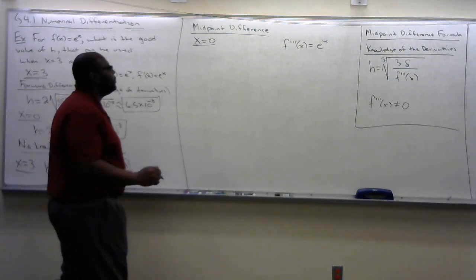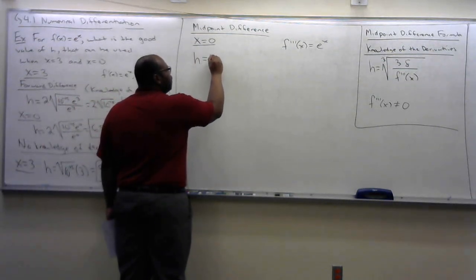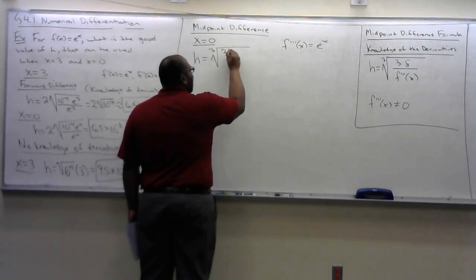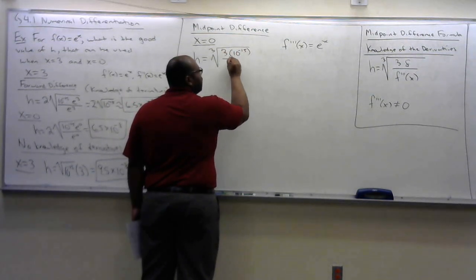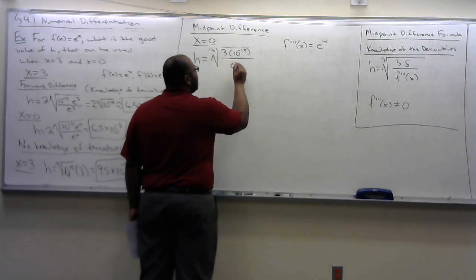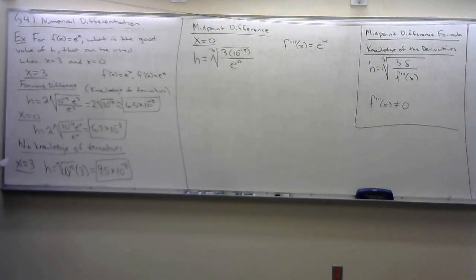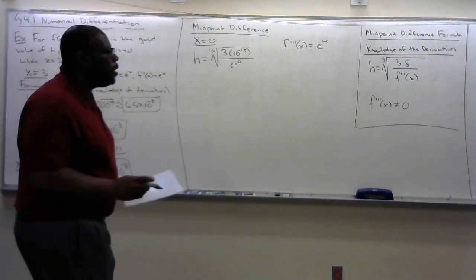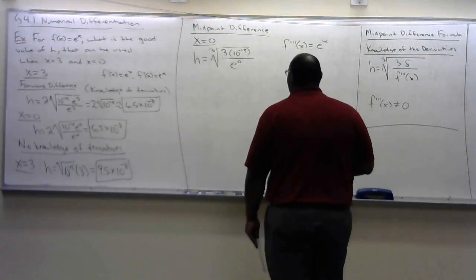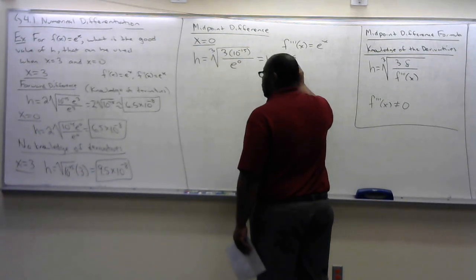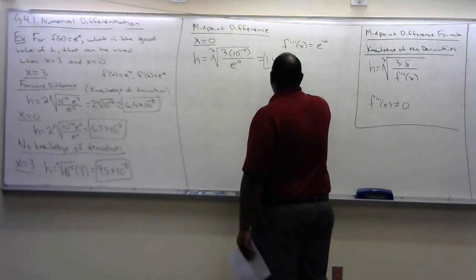So we get h is equal to the cube root of 3 times 10 to the negative 15 divided by e to the 0. And when you do this one, you get about 1.4 times 10 to the negative 5.